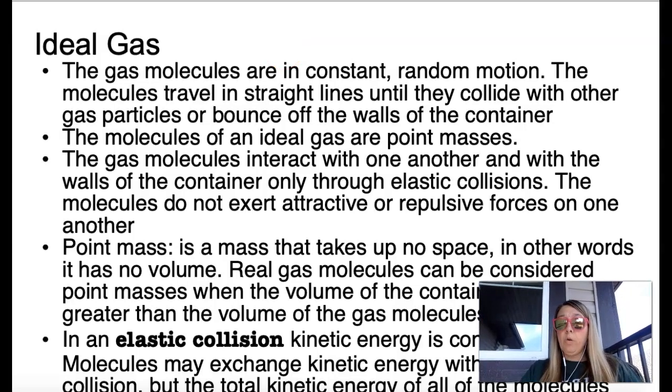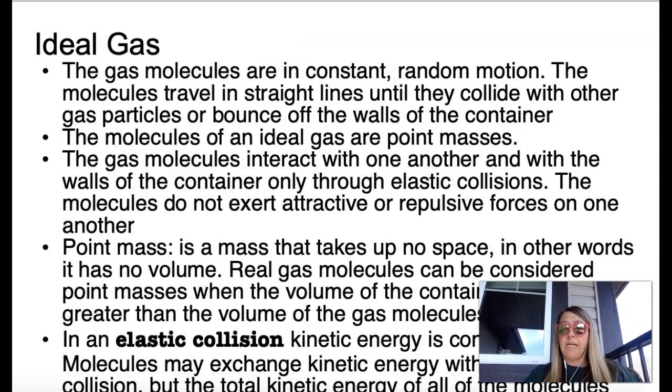Whatever total energy our molecules go into the collision with, the total energy coming out is the same. One might have more, the other one might have less, but the total is going to be the same. So this is actually not technically true for real gases. However, what we tend to find is that real gases collide with each other so infrequently in a container that that's why we can more or less consider it to be true.